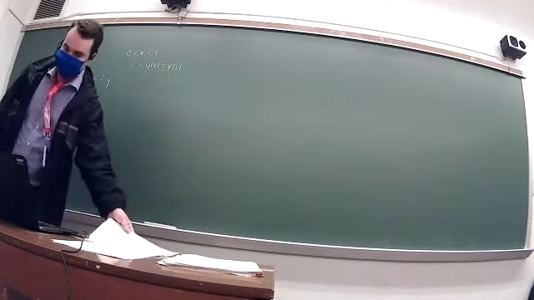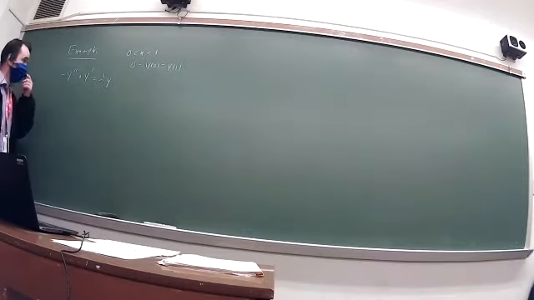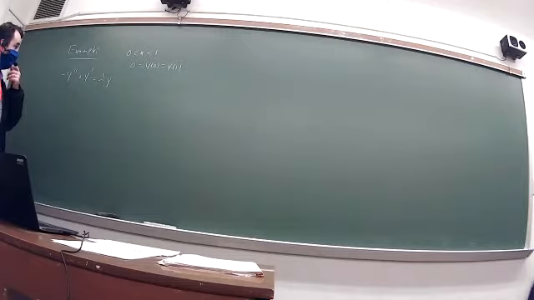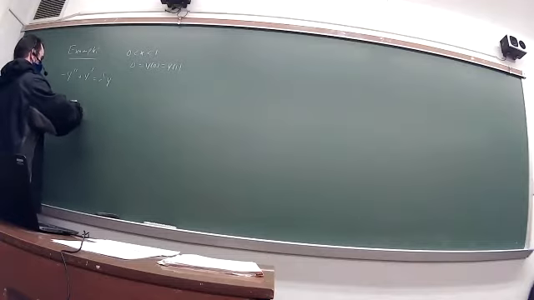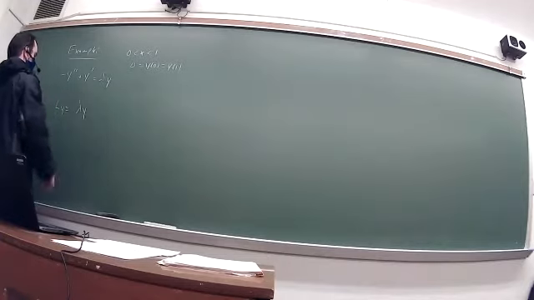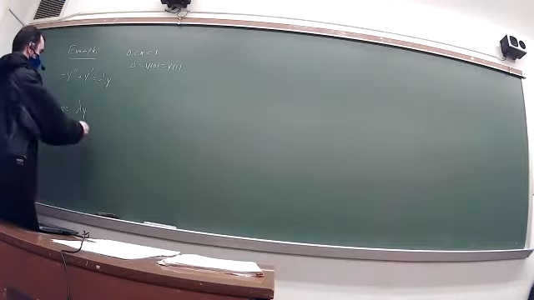So this is close to a Sturm-Liouville problem, but the issue is that it's actually not a Sturm-Liouville problem. So a Sturm-Liouville has to be Ly equals lambda y. And so what's this L?